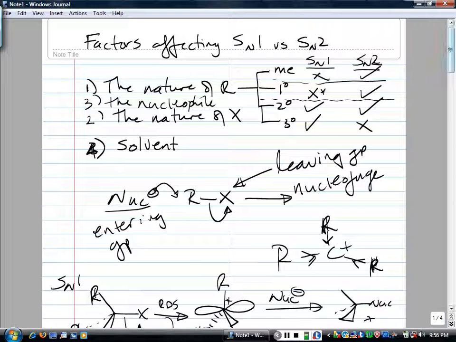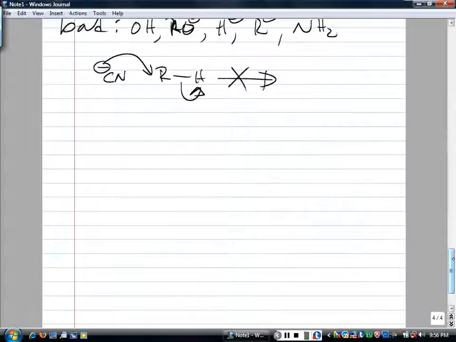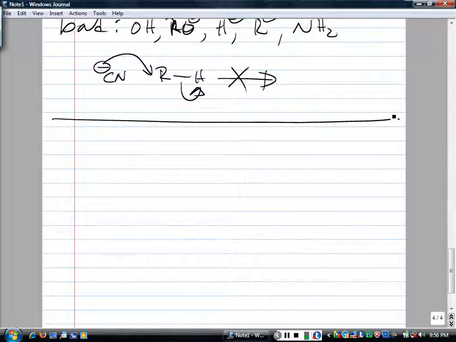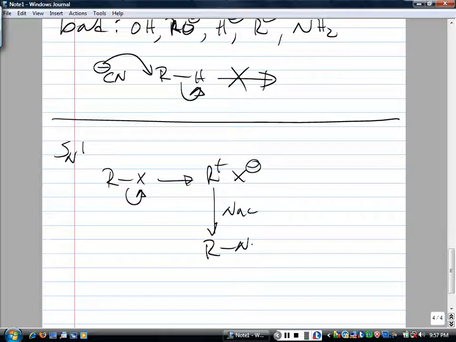What about the nucleophile? Well, the difference between the SN1 and the SN2 reaction is timing, right? Again, in the SN1 reaction, my RX cleaves to give R plus and X minus, and then the nucleophile attacks to give R nuke.